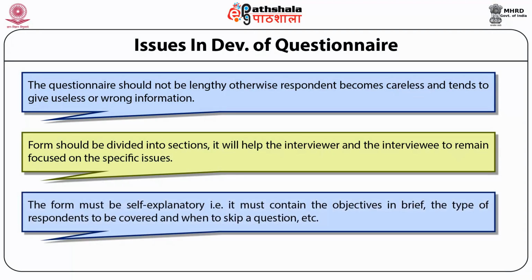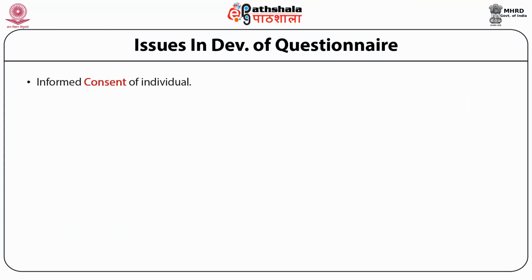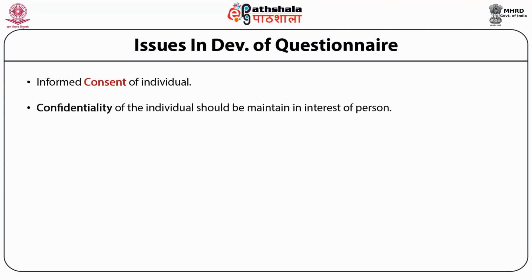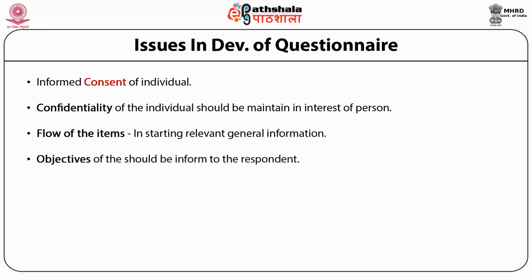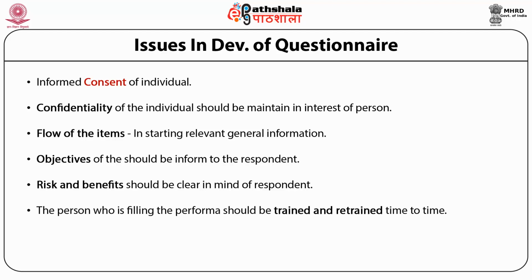It should be self-explanatory. Informed consent of the individual, confidentiality and flow of chart items should be given. All these objectives should be informed to the respondent. Risk and benefit should be given to the respondent, and from time to time the person should be trained or informed about the latest developments.